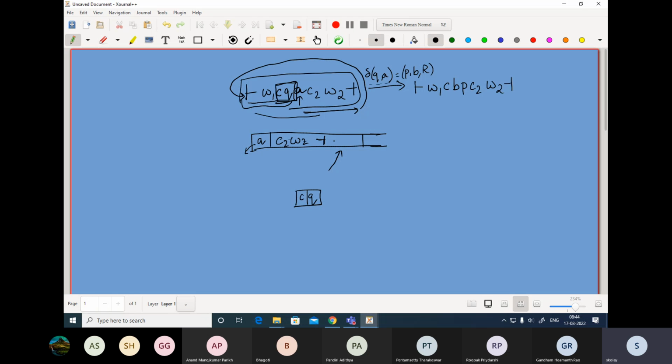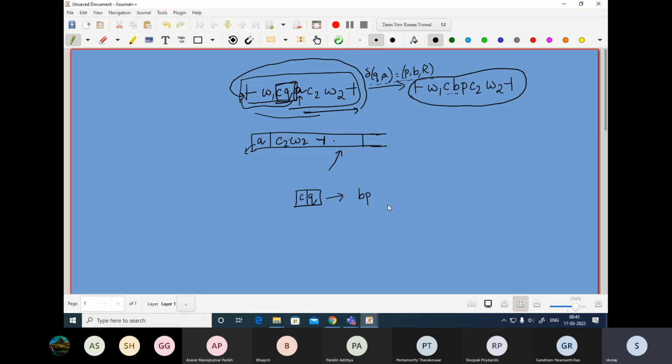Now if I have to make this transition, what happens? I have to store this using my finite control and using this tape. The change that happened is, instead of CQ, now I have CB, right? So I popped A out and I should push B somewhere. So instead of this, I change this to BP.